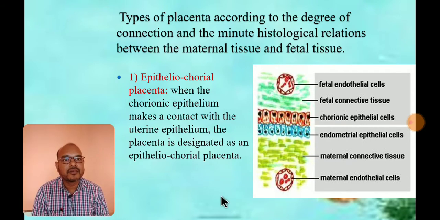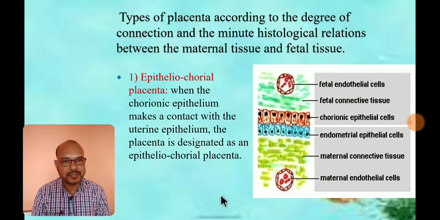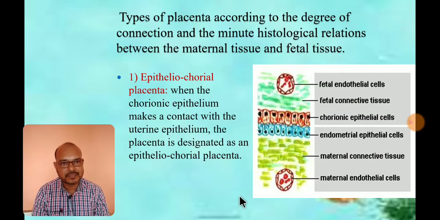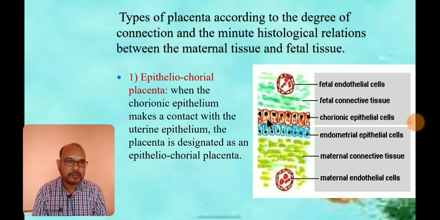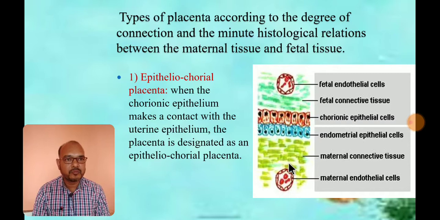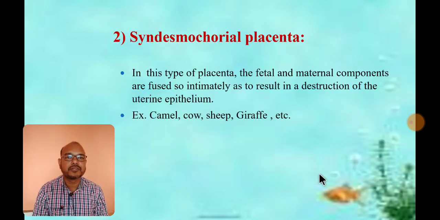When the chorionic epithelium makes contact with the uterine epithelium, the placenta is designated as epitheliochorial. In the diagrammatic outline, the fetal endothelial cells connect with the fetal connective tissues, and the chorionic epithelial cells lie just above the endometrial epithelial cells. The maternal connective tissue and maternal endothelial cells lie beneath.